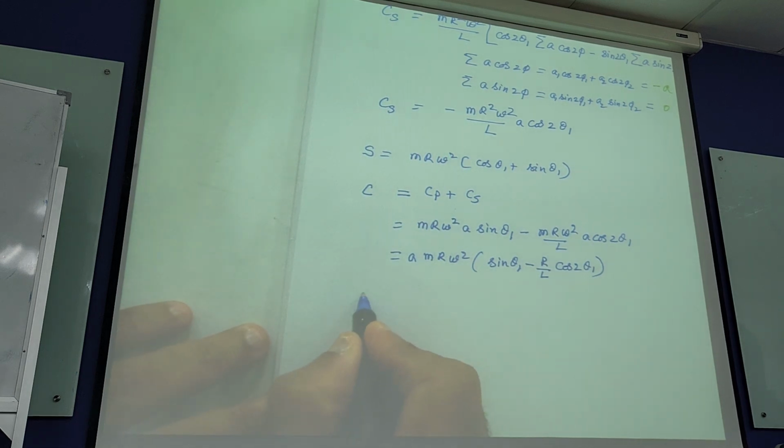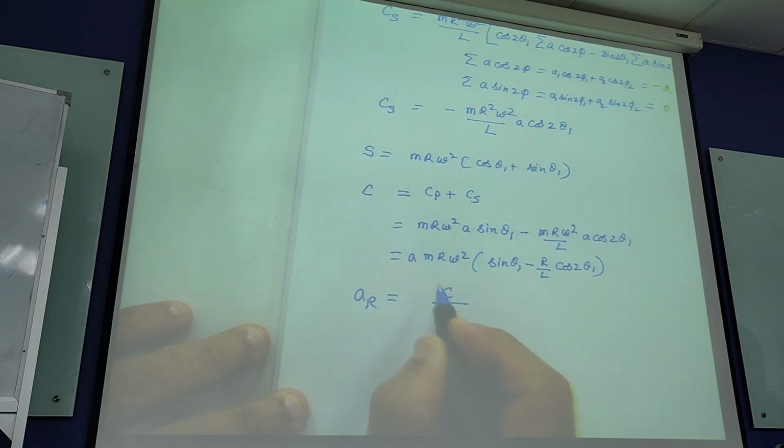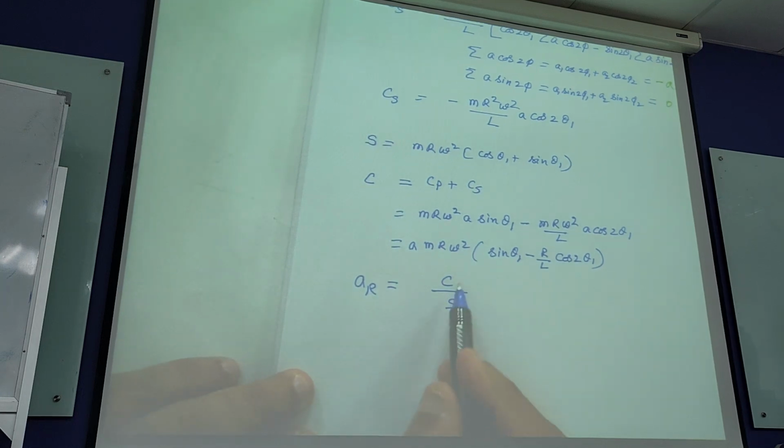Now we can write the resultant distance A-bar is equal to the total moment over the total force, so moment over shaking force.